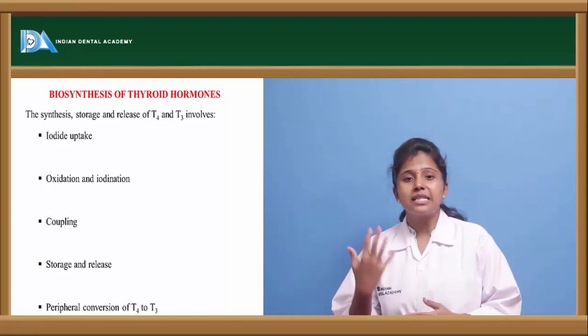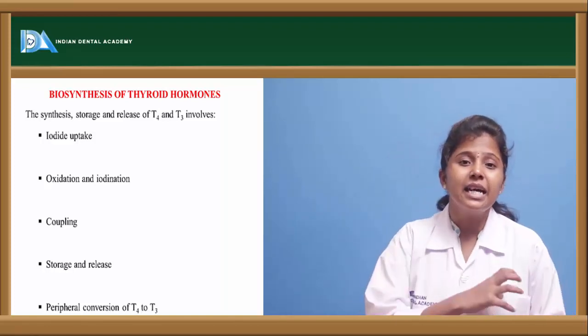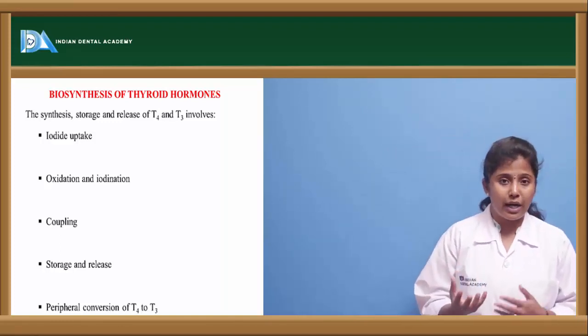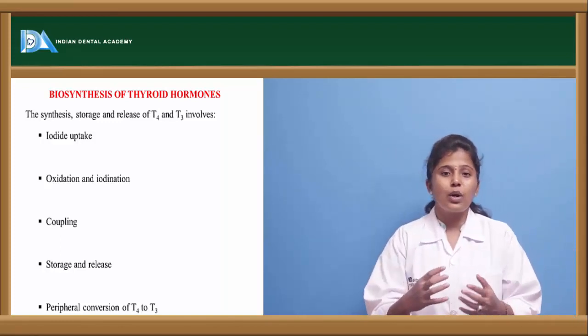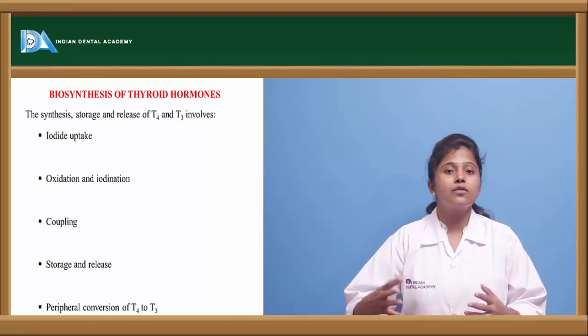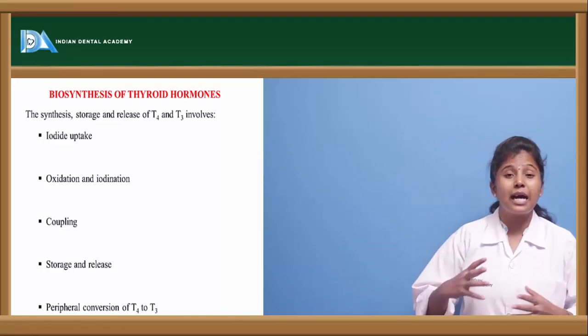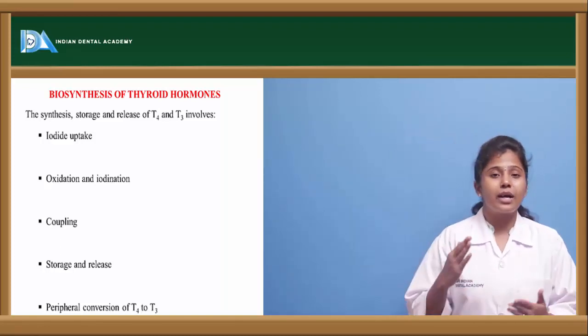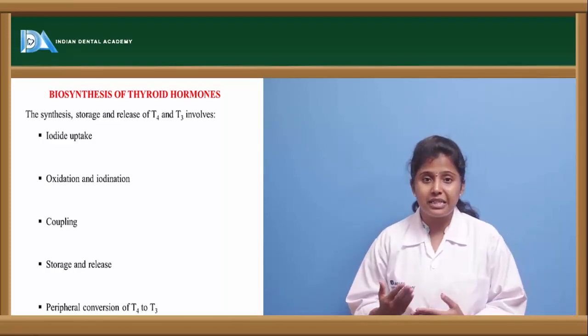The thyroid gland aids in the uptake mechanism of this iodine. Once the uptake of iodine is done, the iodination of thyroxine takes place, leading to the formation of T3 as well as T4.